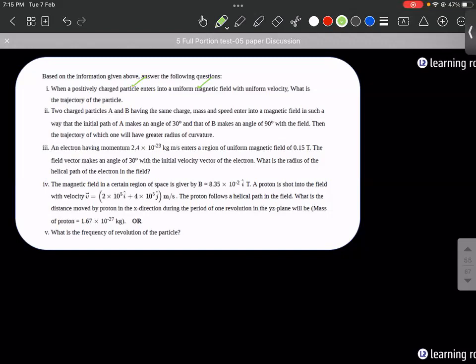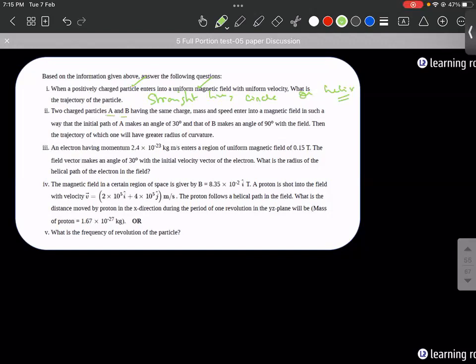So what is going to be the trajectory, guys? It can either be a straight line, circle, or helix.